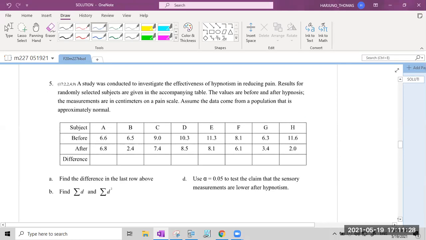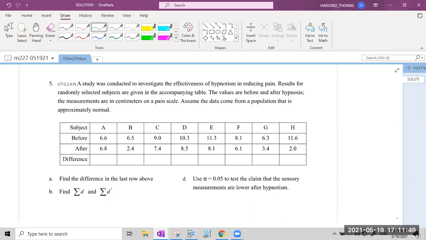Number 5. I will do this one more problem and then we will go to break. A study was conducted to investigate the effectiveness of hypnotism in reducing pain. Results for randomly selected subjects are given in the accompanying table.